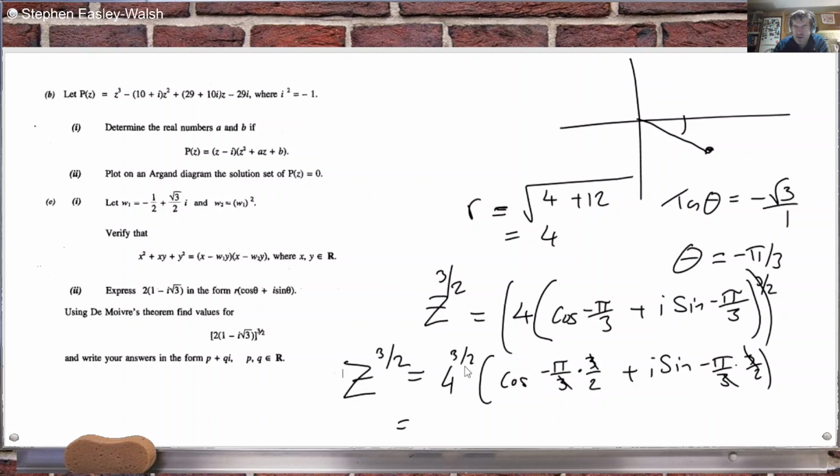That's 8, I think. And then cos of minus 90 is 0, I think. Yeah. And then sine of minus 90 is minus 1, isn't it? Yeah. Minus 1 i.